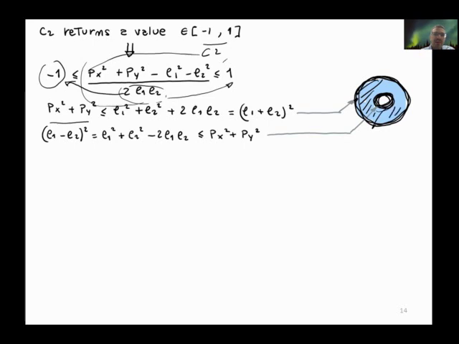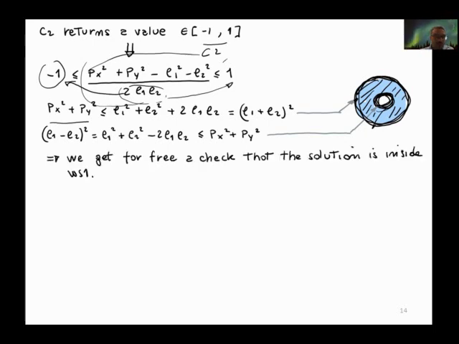So in essence, for free, you have a check that the end effector is inside your primary workspace.